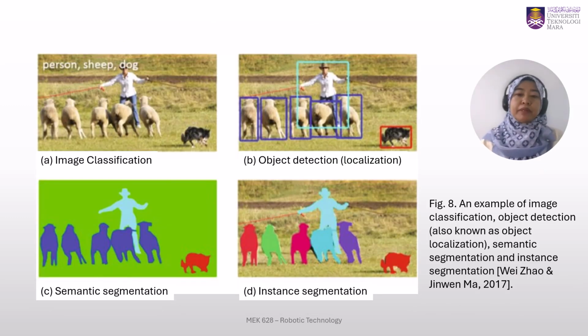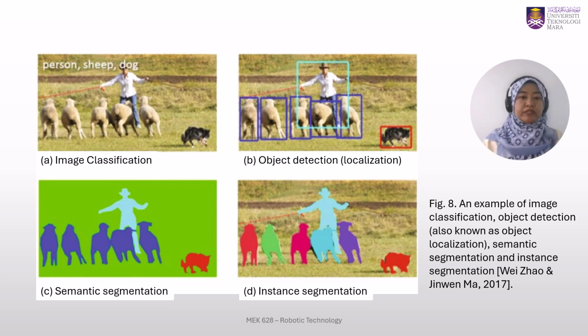This is an example of image classification by using various methods: object detection, also known as object localization, semantic segmentation, and instance segmentation. In the image classification, it just classifies that there are three classes in this image, meaning that it has person, sheep, and dog.